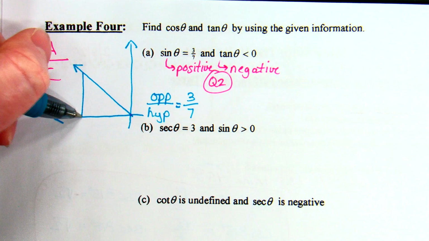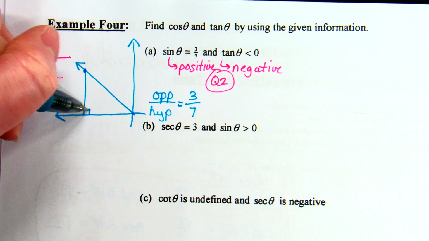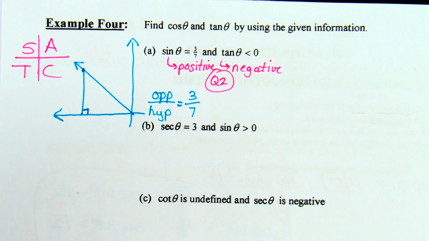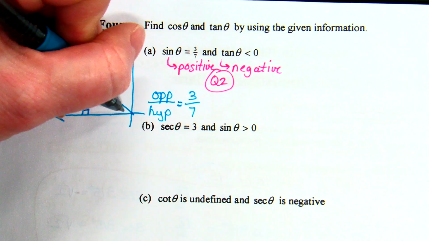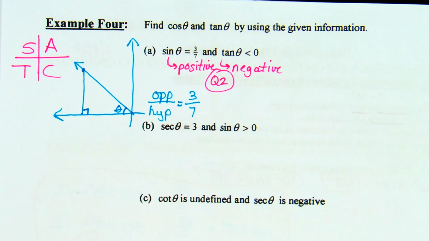My triangle is a right triangle here. And remember your theta. Theta is the angle on the x-axis. Okay, it's on the x-axis in the triangle. And your triangle is always on the x-axis.